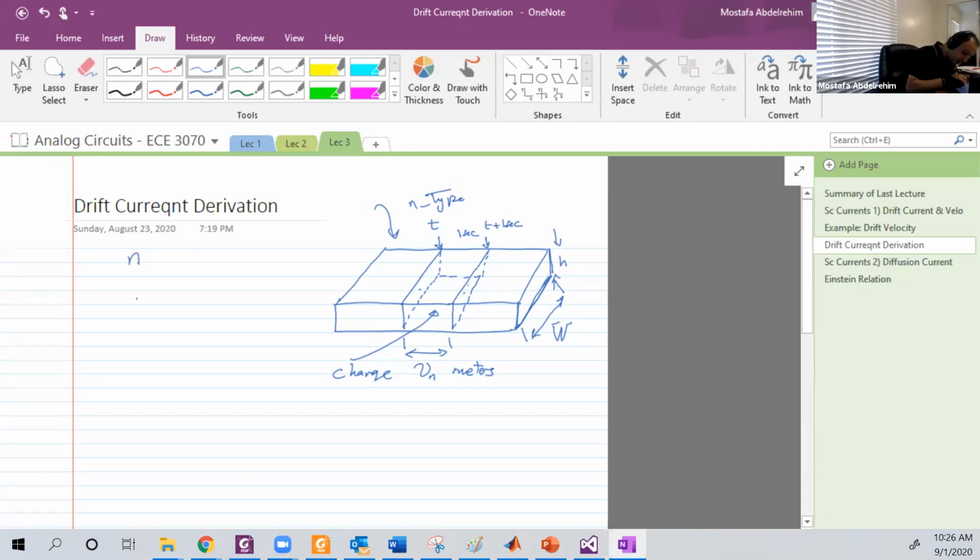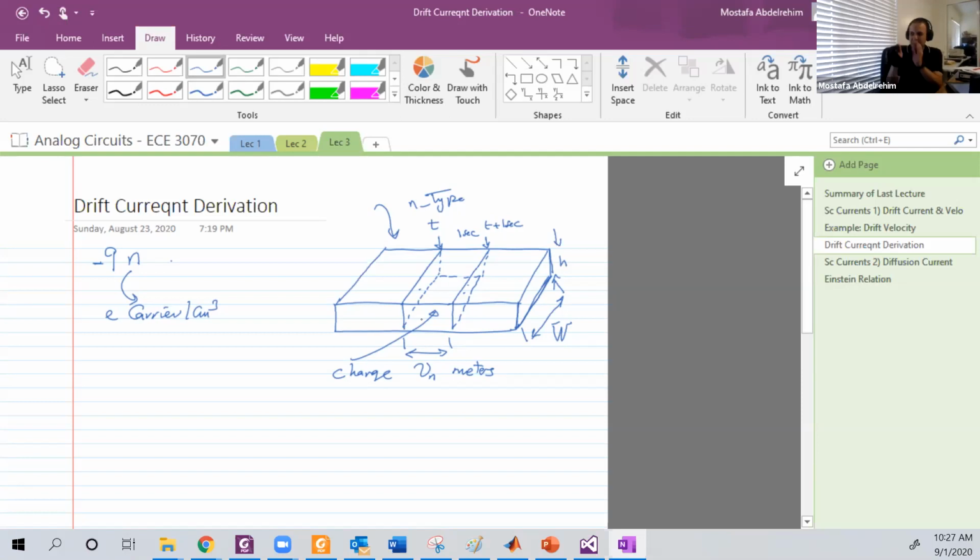But remember, this is electron carriers per centimeter cubed. So this is density. You know the density in this location in here. It's n. If you multiply this density by q, and here is minus q because these are electrons, you know the total charge density.